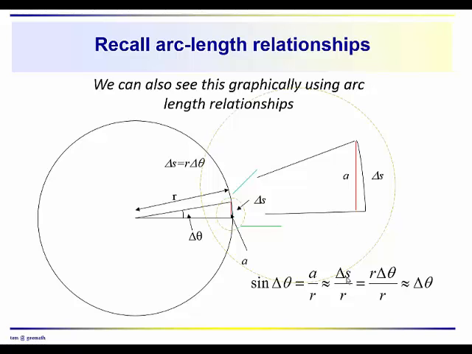And so delta s over r is just equal to r delta theta over r, which is equal to delta theta. So again, we can see that sine of delta theta is approximately equal to delta theta when delta theta is very small.